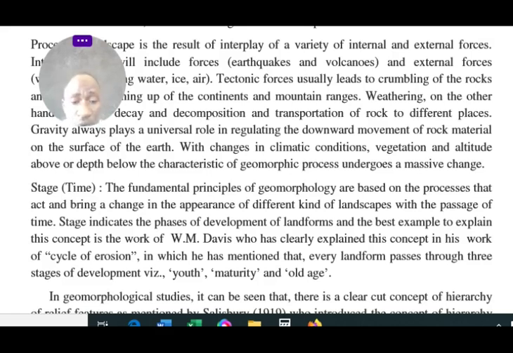We have talked about the youth, then maturity, and also the old stage. Each and every stage is given features that tend to develop from those areas, and for how long these features will take to be formed.